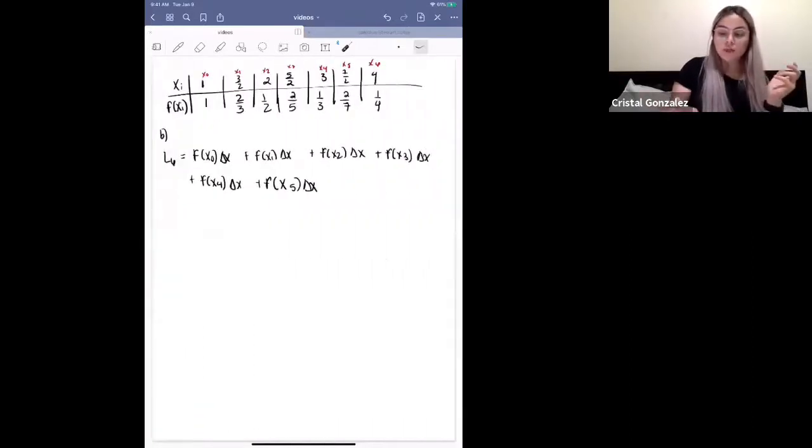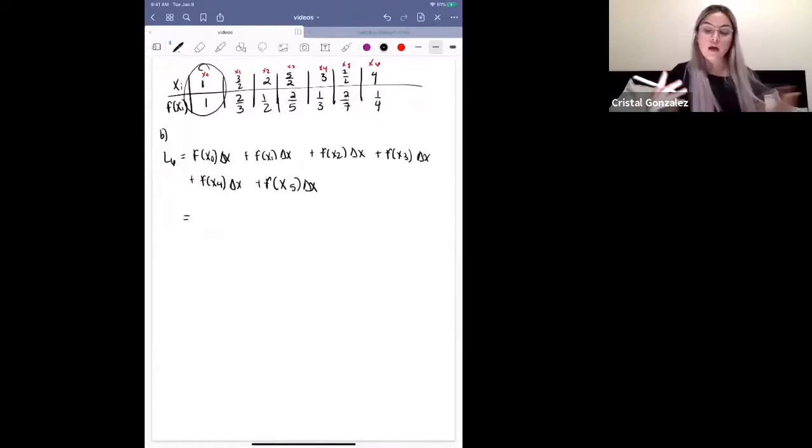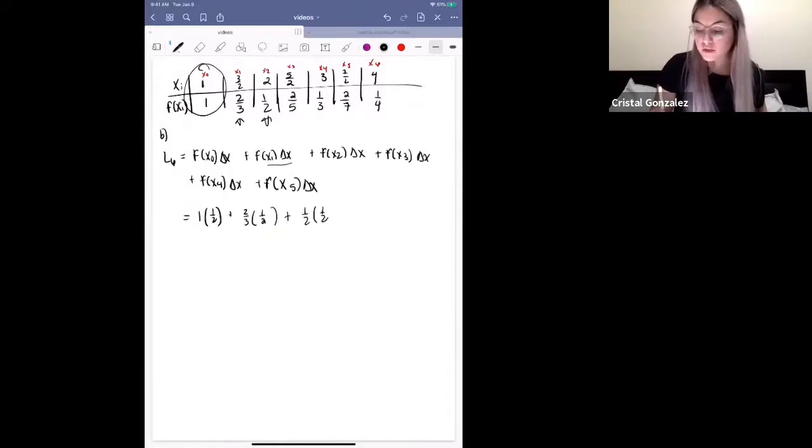And now if we do that, this one's nice and easy because we already have that chart. We're going to look here for our first endpoint, and this is going to equal f of x0, which is just 1 times 1/2, because of my width of each rectangle, plus 2 over 3 times 1/2 for x1 times delta x, plus f of x2, which is 1/2 times my width, which never changes.